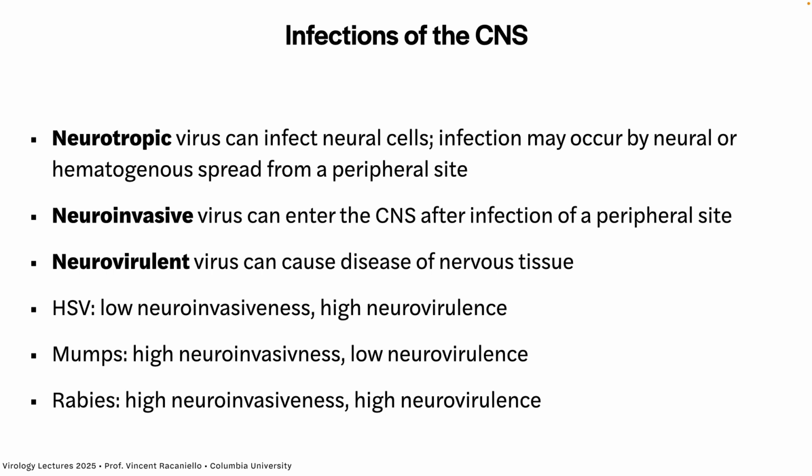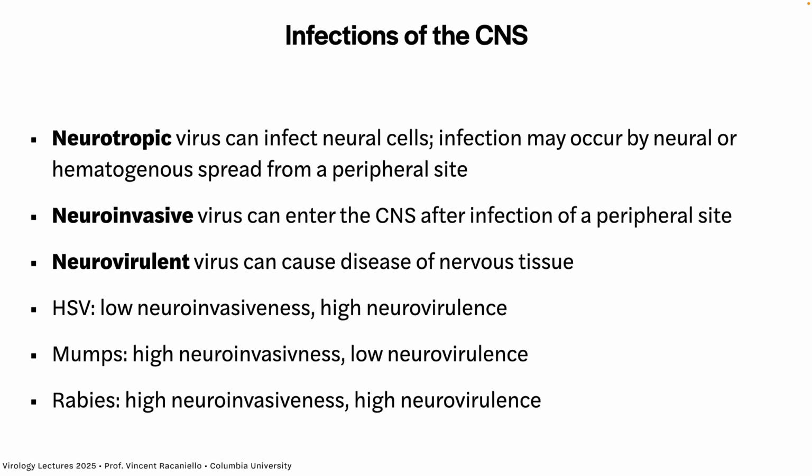So 3 examples: herpes simplex virus, low neuroinvasiveness. So if you have a herpes simplex infection, it's very unlikely it's going to get into your brain. But sometimes it does. And if it does, it's very neurovirulent and can cause encephalitis, herpes encephalitis. About 1 in 250,000 cases of herpes in the US.